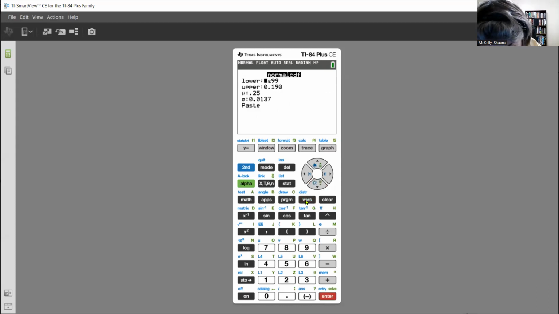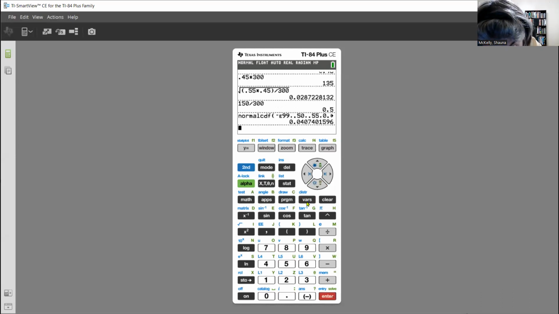Going from negative infinity, that's correct, but we're going to the upper score, which for us here is 0.50, with a mean this time of 0.55 and a standard deviation of 0.0287. Paste it in. We end up with 0.0407.